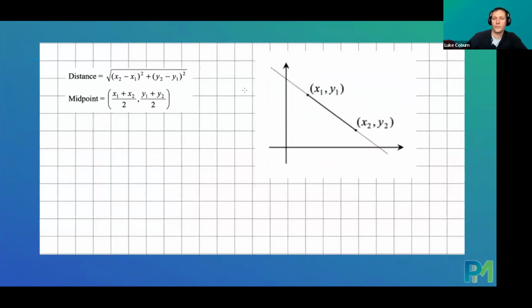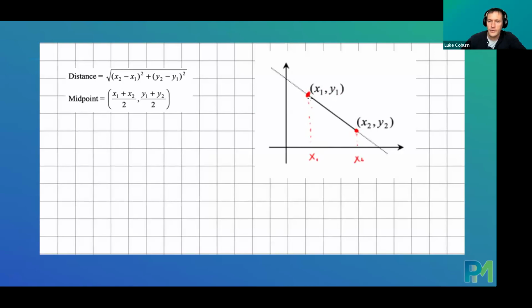Okay, now it's a little bit different this time, because it's going down. So we're going from x1, y1 to x2, y2. Let's say this is x1 and this here is x2.